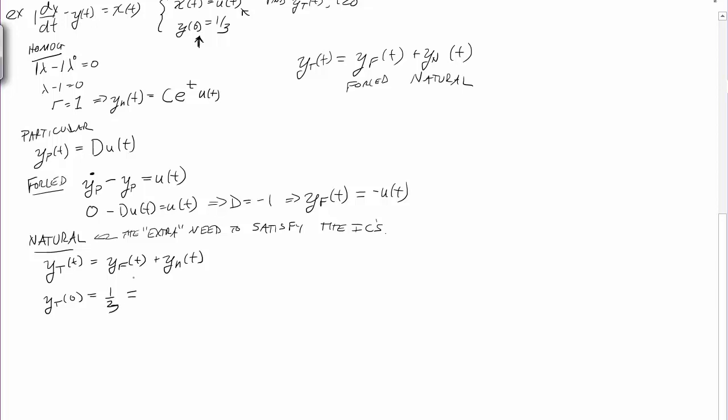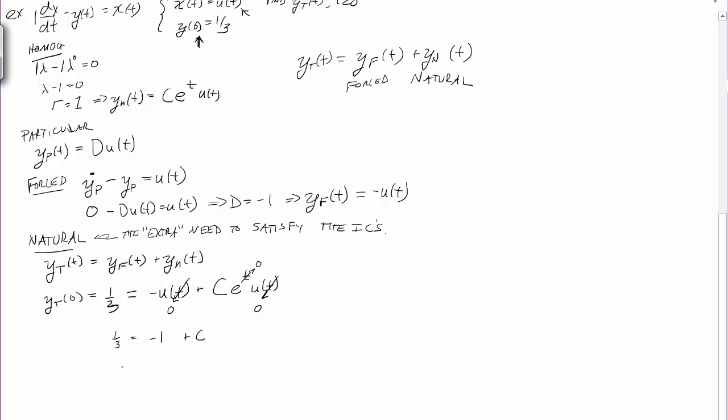So here I'm going to plug in for y_f, which we've just found was -u(t). And all we know about the homogeneous is that it's a constant times e to the t. But this I'm going to evaluate at 0. So I'm looking at -1 plus c e to the 0, which is 1, times e to the 0, which is 1, has to equal 1/3.